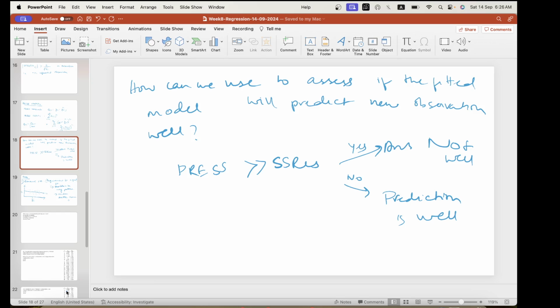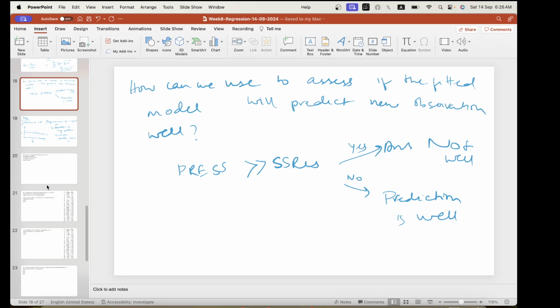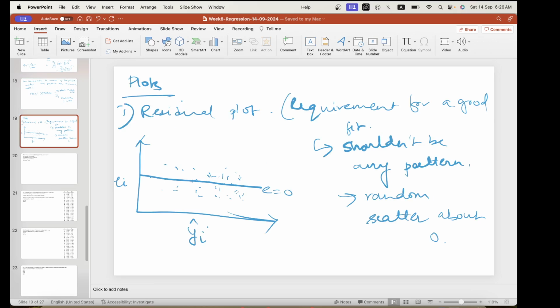All right, so this was about leverage and influential points, and then we learned about a few plots last week, and we'll build on those plots and some intuitions this week, and that would help us in understanding transformation of variables.